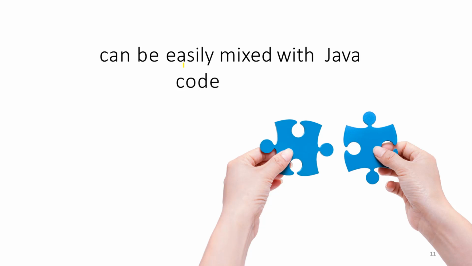So if you have a project that contains 10 Java files and 10 Kotlin files, all of these are interoperable and compilable, and then they run together. That is a very powerful feature that is provided to you by Google and by the Kotlin developers.